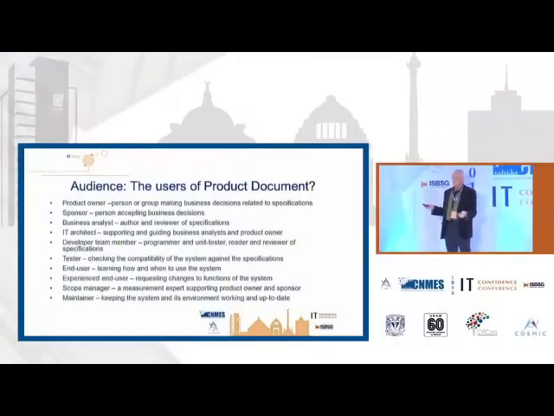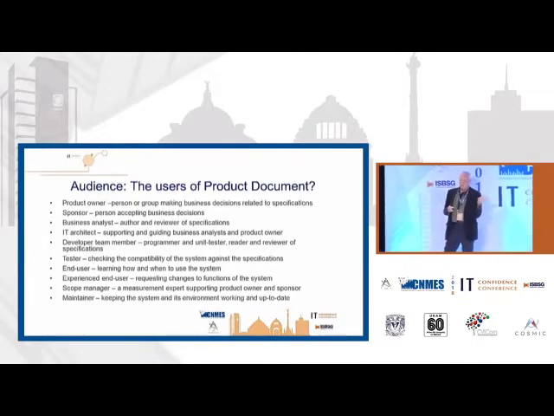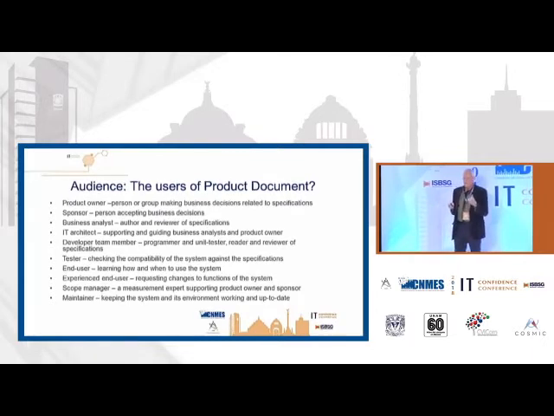So, who should read the product document? So I threw away the product requirements document after this. So, who should read product documents? Product owner is the person or a group of people making business decisions related to specification, which is the product document.